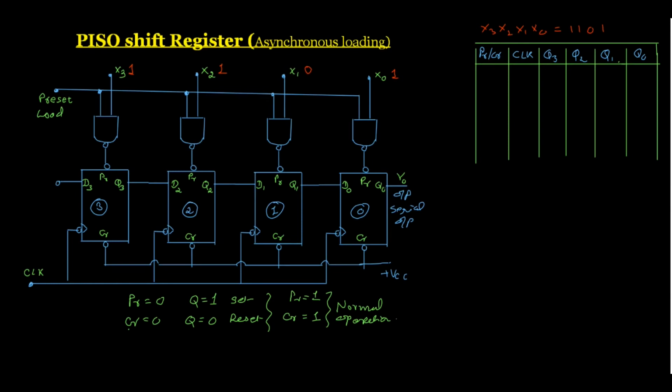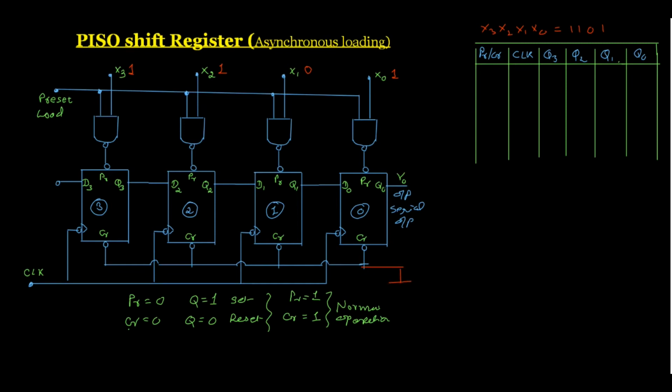So first of all we have to load this data. But before we load the data, we have to clear the shift register. So initially, whatever the clear input is there, this clear input has to be connected to the ground.